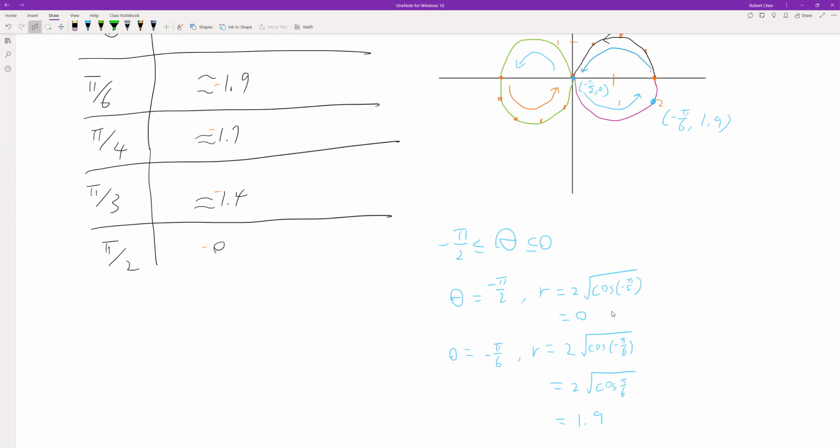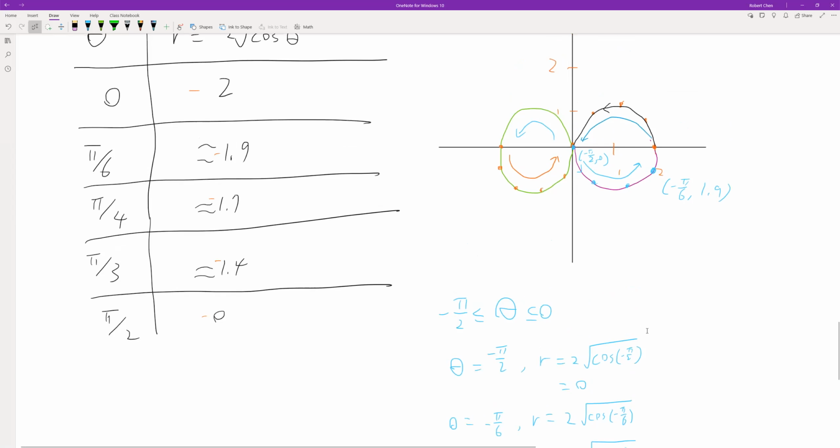Right? So as you increase theta, it's going to go that way. You're going to get to this point, this point, this point. Oh, no. Right here and here. Right? And then you're going to hit 0 and 1 again.